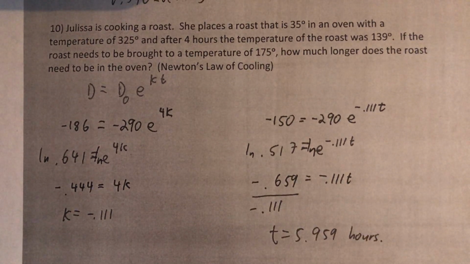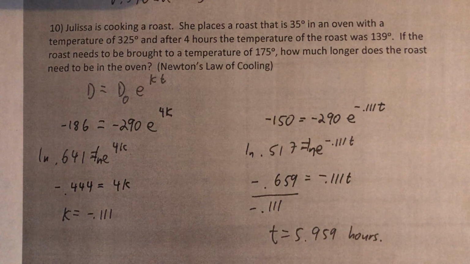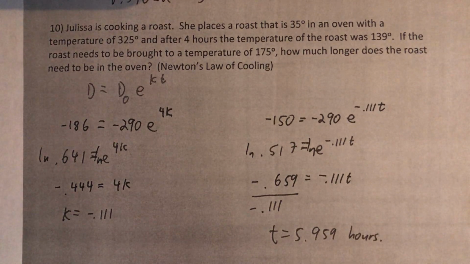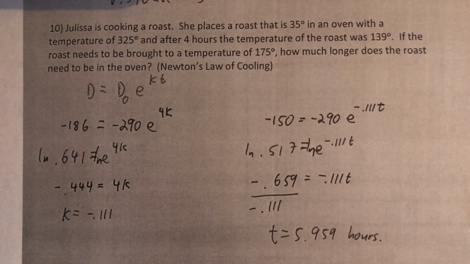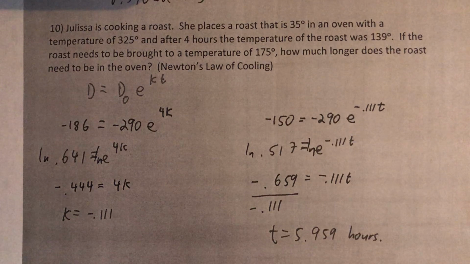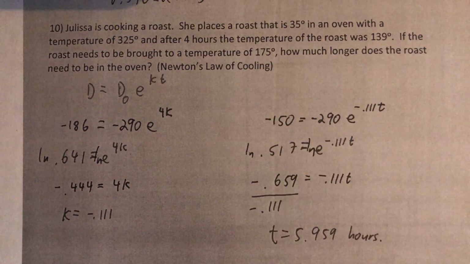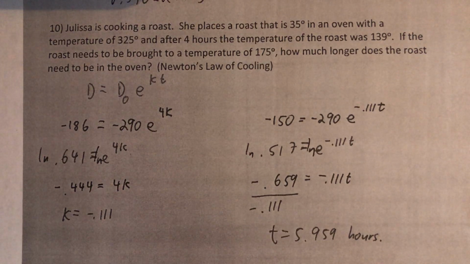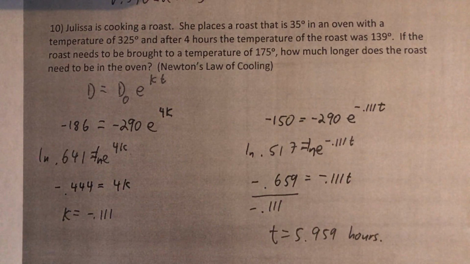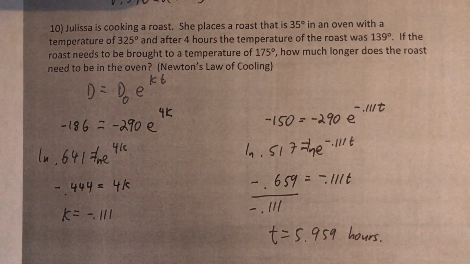All right, so plugging everything back in, now we got to solve for t. So we want to know how long is it going to take to hit 175 degrees. So 175 minus 325 is negative 150 equals our negative 290 e to the negative 0.111t. That was the k that we just found. And now I'm really just going to repeat the process. So we're going to divide.